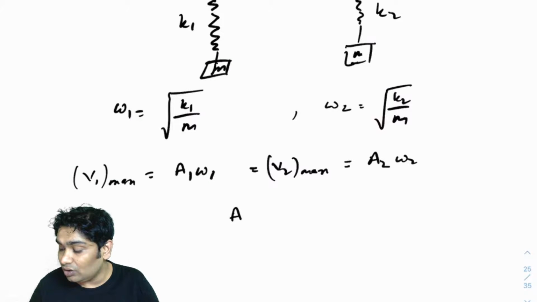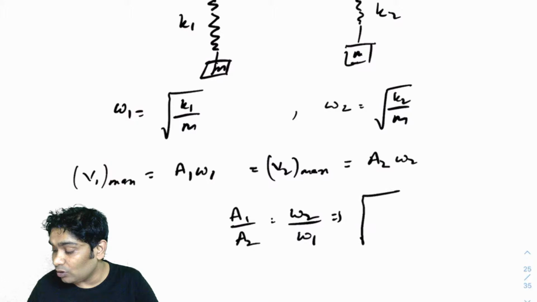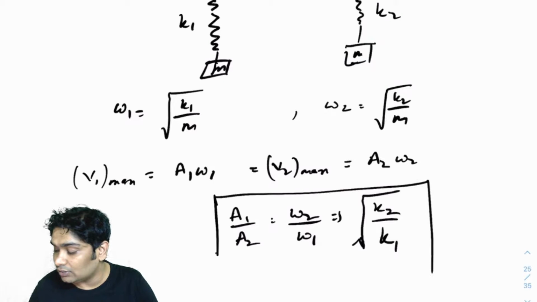So A1 over A2 would be nothing but omega 2 over omega 1, which would be root of K2 over K1. So there you have your answer.